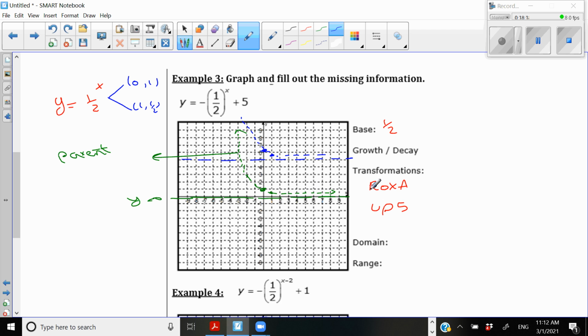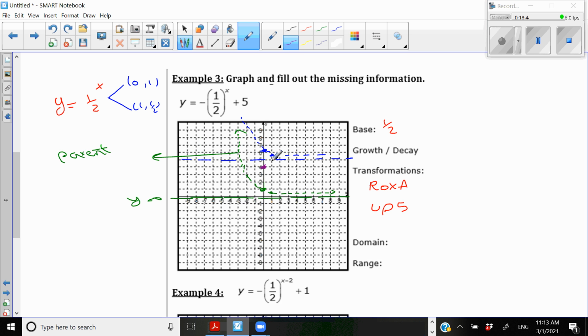But I have not done the reflection over the x-axis yet. So it's not my final graph. Now I need to flip this and apply the reflection over the x-axis. So to flip it, I just move this point down here. To flip it over the asymptote that you have, and also the other one, you just flip it.